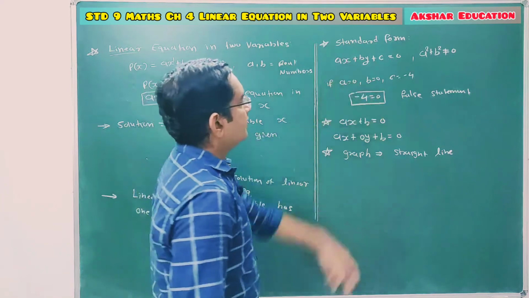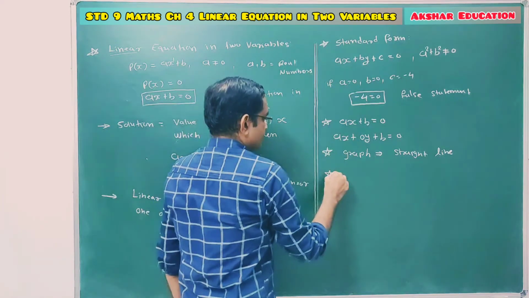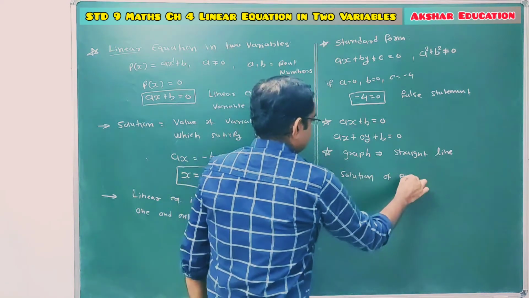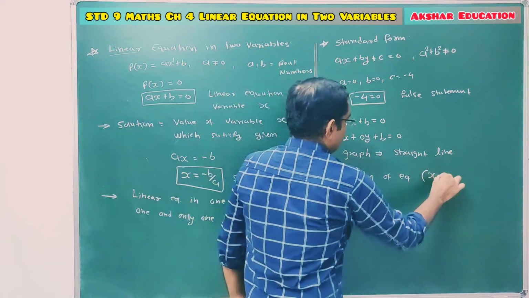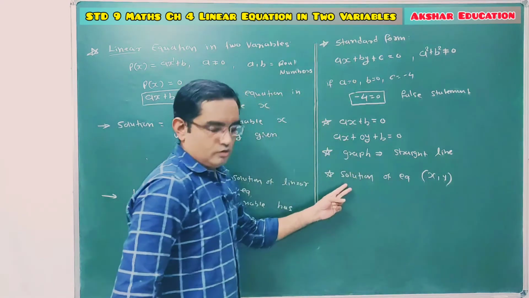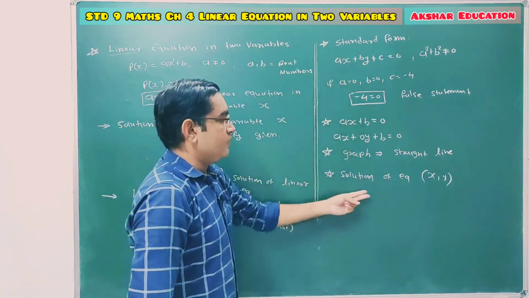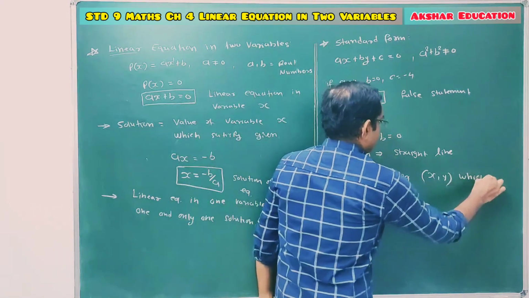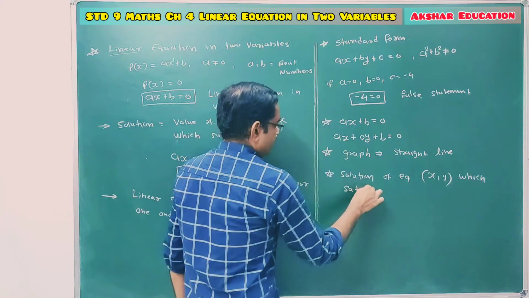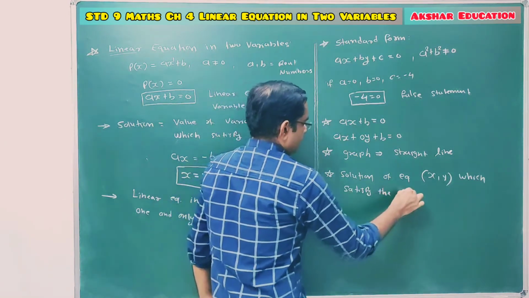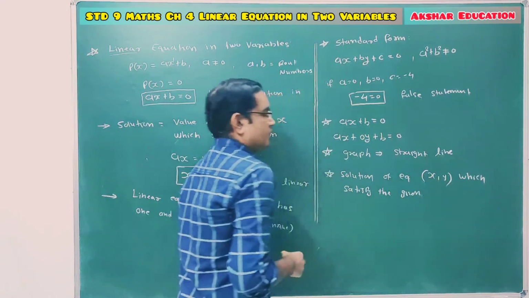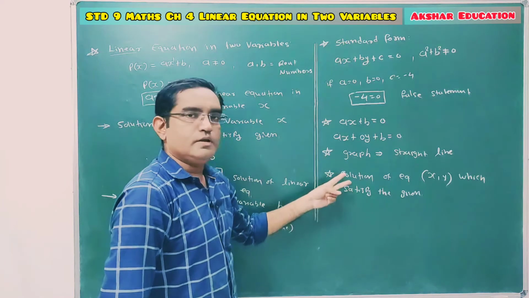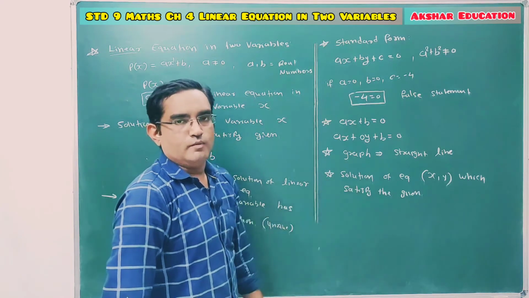And what is the solution of the standard form of linear equation in two variables? The solution of the equation is nothing but the ordered pair x, y. The values of x and y which satisfy the given equation are known as the solution of the linear equation in two variables.